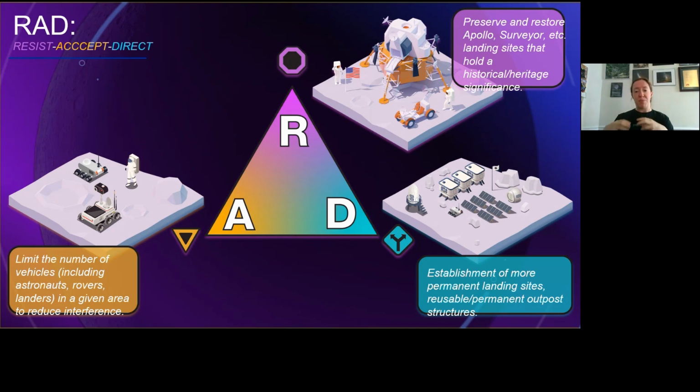And then direct would be, okay, we want to establish more permanent bases or outpost structures as waypoints or as safety areas, but you are directly influencing the environment, even if it's a semi-permanent area or even a launch pad. That is a direct decision to enhance the environment for something else.